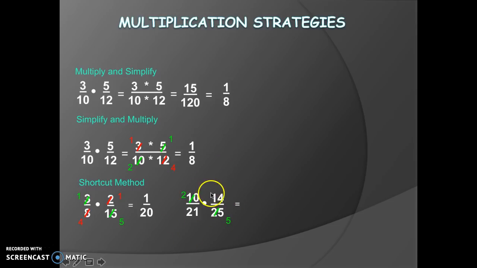Now think, what is a number that goes into both 14 and 21? Well, 7. 14 divided by 7 is 2. 21 divided by 7 is 3. So now 2 times 2 is 4. 3 times 5 is 15. And my answer is already simplified. I don't have to multiply these big numbers and then try to simplify at the end.